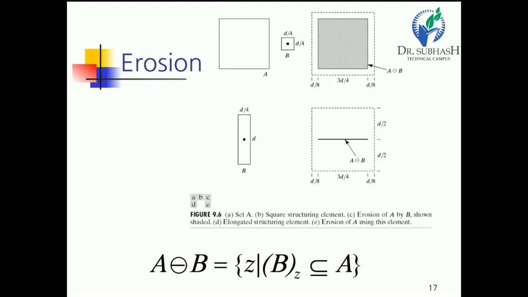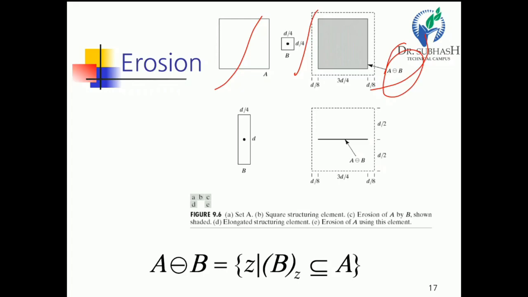Now another and most important representation of erosion, A erosion B. Here, figure A is the set A and the square structuring element, and in figure C is the erosion of A by B. The inside part will be A erosion B, represented with the shaded area.